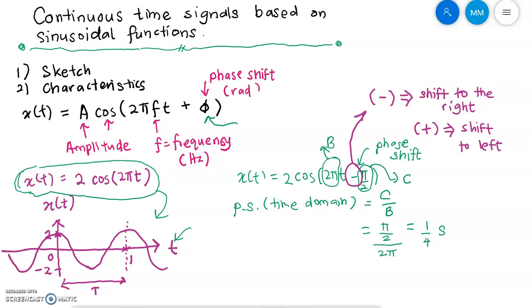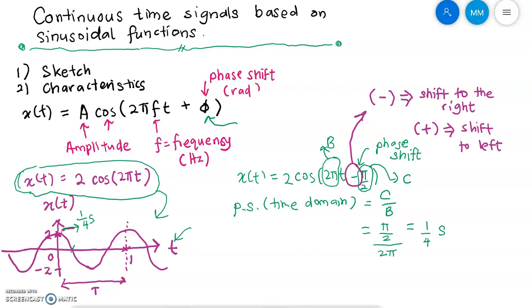Since we know that this signal will be shifted to the right in the time domain, referring to the original signal that we have here, we will now identify that this signal will be shifted by 1 over 4 seconds to the right. So, how much is 1 over 4 seconds?